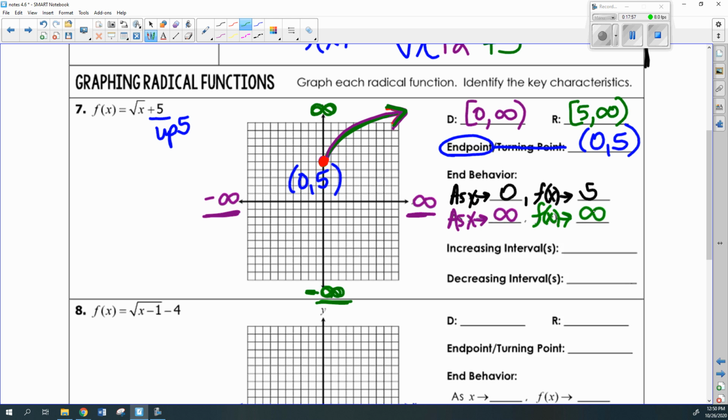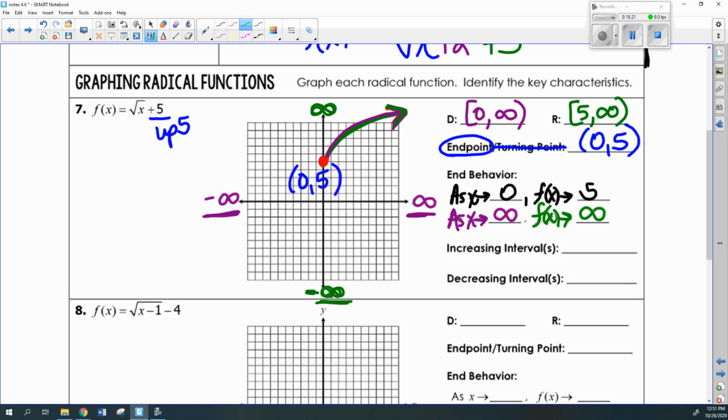All right, now when you do the increasing or decreasing intervals, what you need to know is that you're only going to have one or the other. You can't have both on these graphs. Once you decide if the graph is increasing or decreasing, you can just write the word none on the other line, or I guess you could just cross it out.